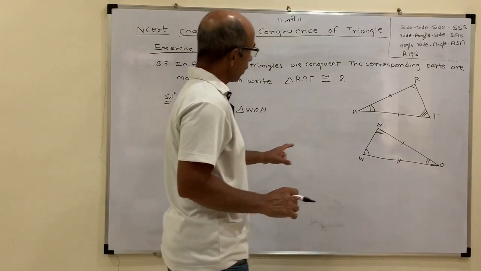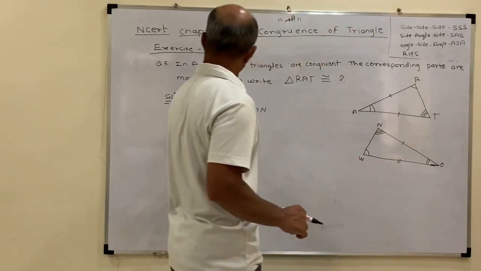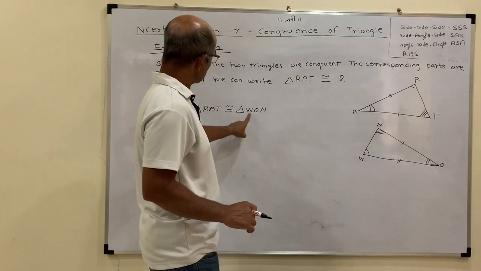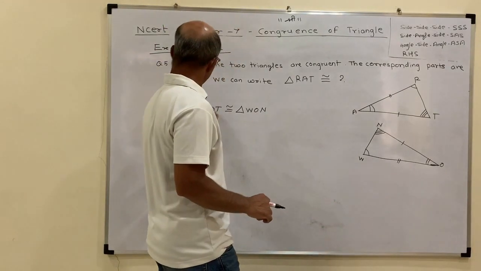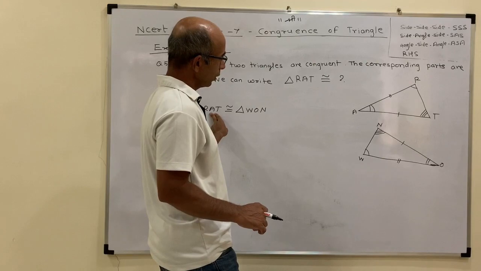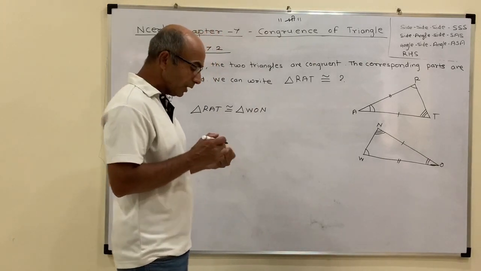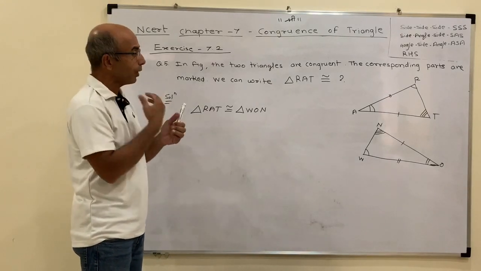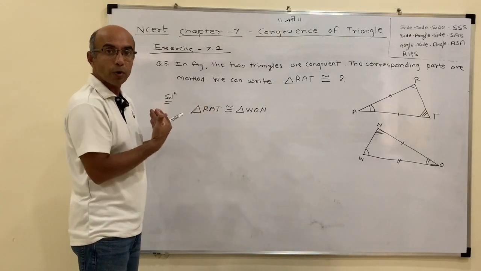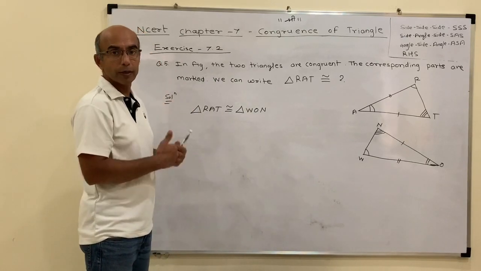Similarly, now AR is equal to WO. Then AT is equal to ON. So here the important thing is you need to find out the corresponding vertices, corresponding angles and corresponding sides of two congruent triangles.